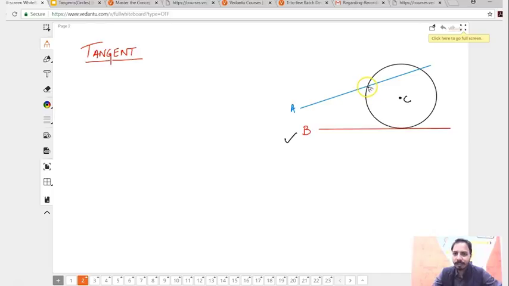This line touches the circle at two different points, so it is known as a secant. Whenever we talk about a tangent, it will touch the circle, not cut it, and it touches at only one point. These types of lines are known as tangents to the circle. I hope all of you got what a tangent is.